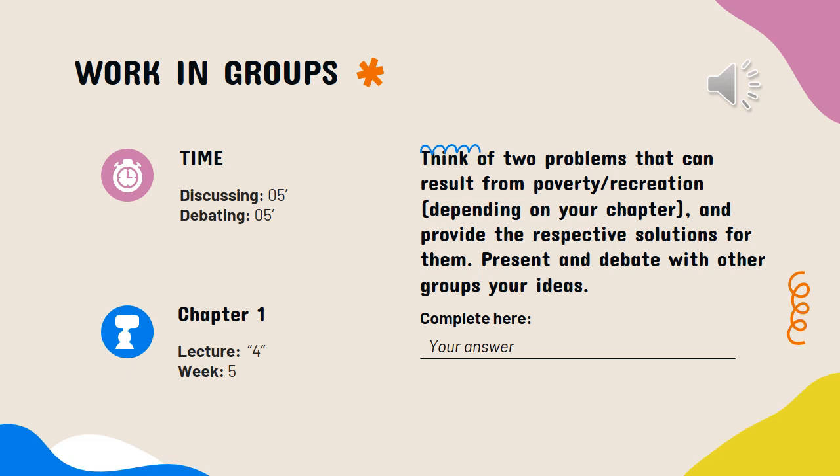For example, if you look back at the lesson that we took in chapter number 1, if it was poverty or recreation, you can look at ideas, get inspired by ideas for you to think of problems and solutions in order to be able to write a writing that's related to our theme.